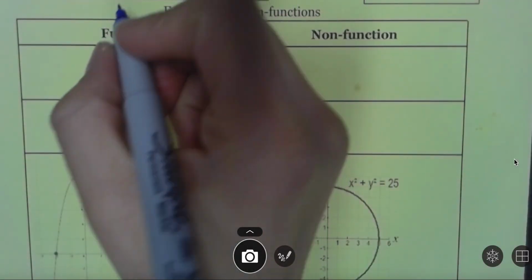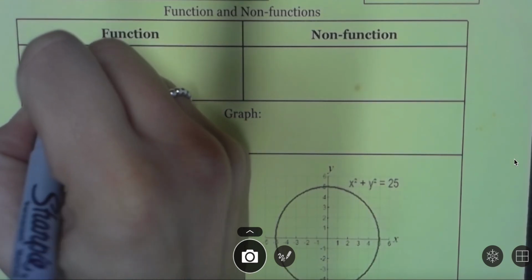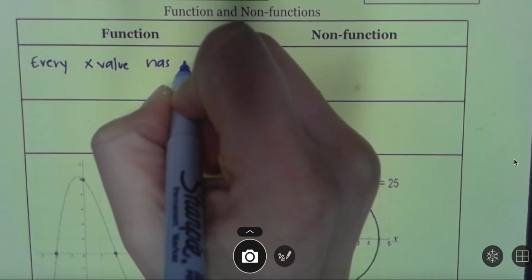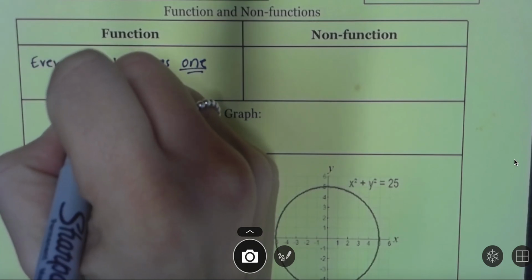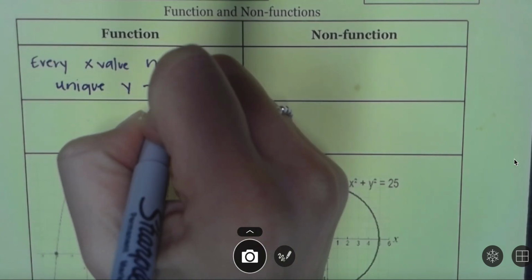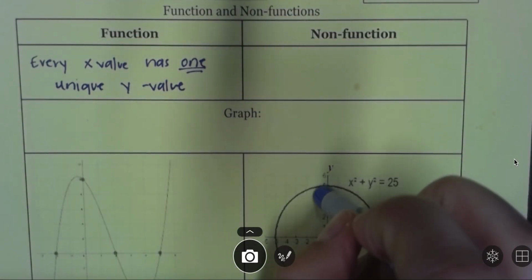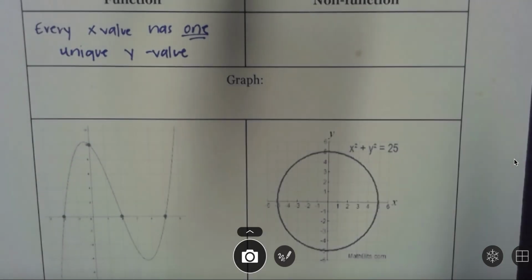So a function is where for every x value has just one unique y value. So that means for every x, there's only one y value. The way we do that on the graph is we do the vertical line test. So that means we draw vertical lines.